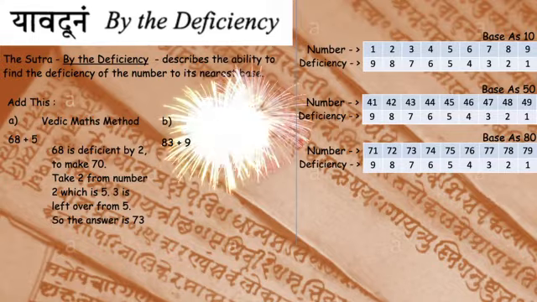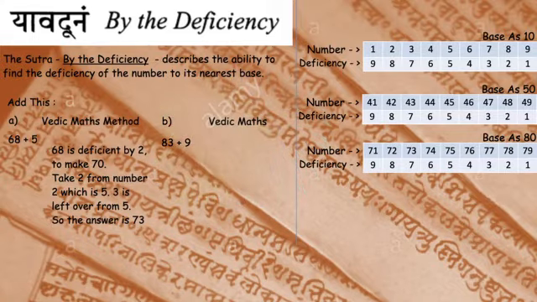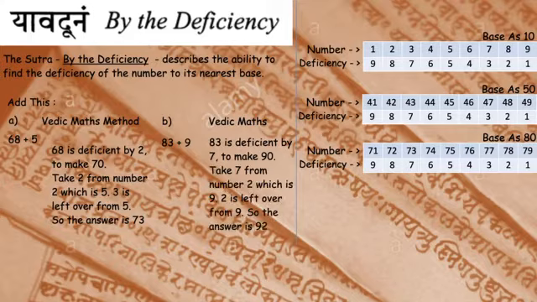Let's look at another example. 83 plus 9. Give it a try. 83 is deficient by 7 to make it 90, right? If we take out 7 from 9, we have 2 left over. So the answer is 92.